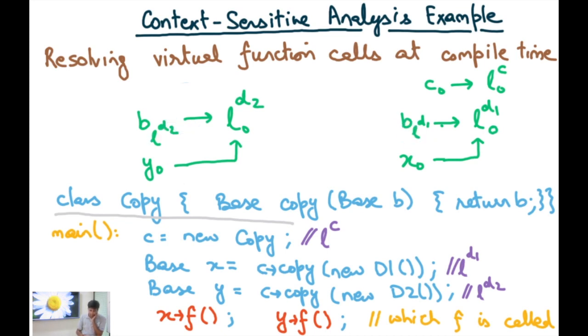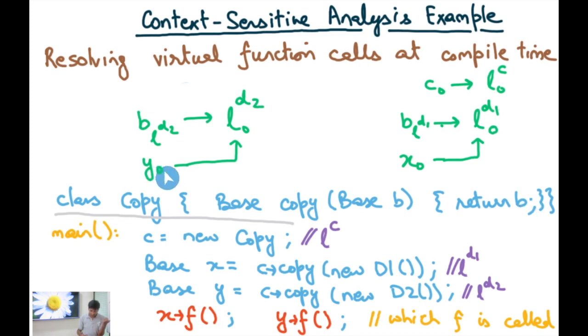This is the versioning of the B variable depending on the call context in which it's being analyzed, and B LD2 may point to L0 D2, and this is the precision improvement. I'm going to discuss this more later. And then when it gets returned back to Y, then Y0, because Y was being analyzed in context 0, may point to whatever B LD2 may point to by virtue of this return.